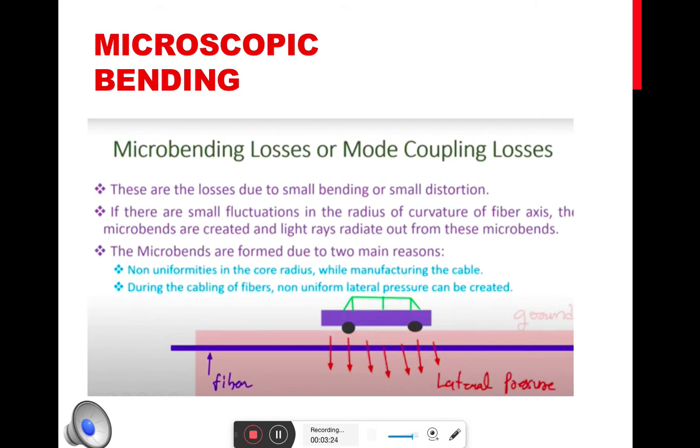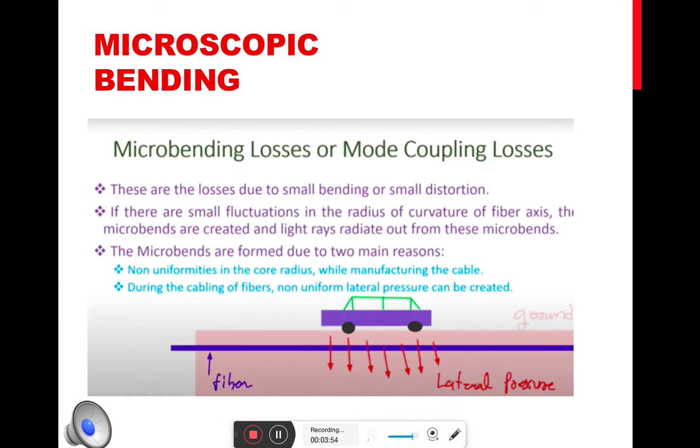The micro bends are mainly due to manufacturing defects in the cable, where there is non-uniformity in the core radius. Also, when the optical fiber is laid underground, concrete or mud or sand is laid over it. If there is no uniformity on the surface above the optical fiber, some lateral pressure can come onto the fiber.